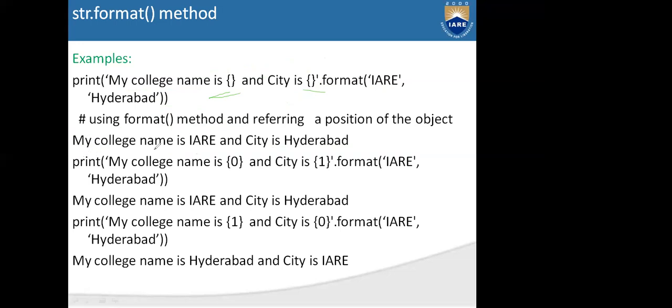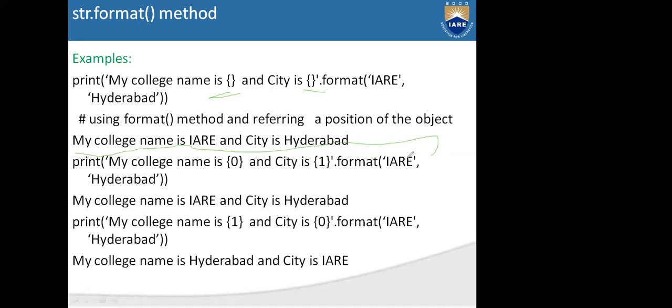Right. Now I'll take arguments. Now you observe the second example. Print my college name is, I'm using 0 and 1. So 0 means whatever values we are providing in this format method, those are going to be indexed starting from 0 only, right?